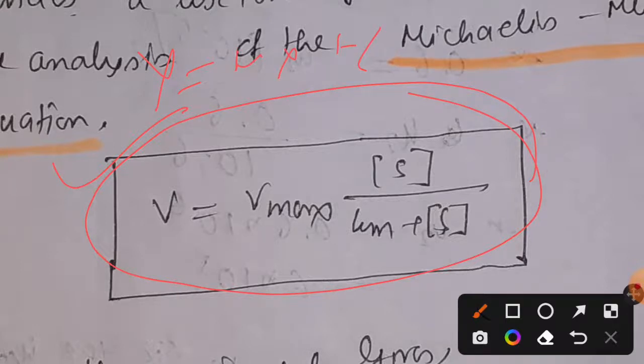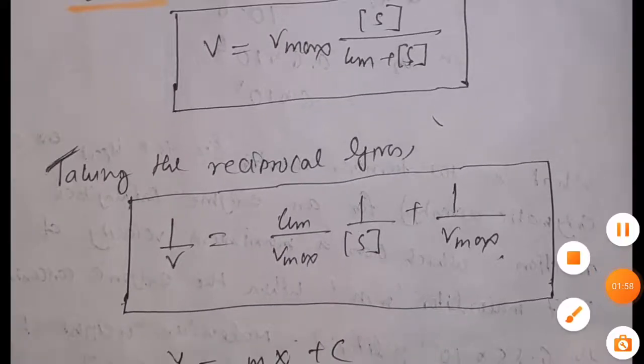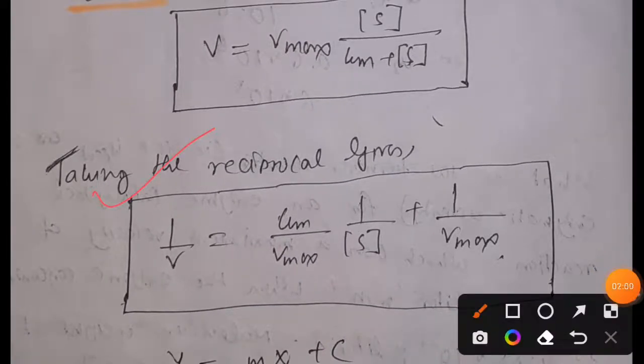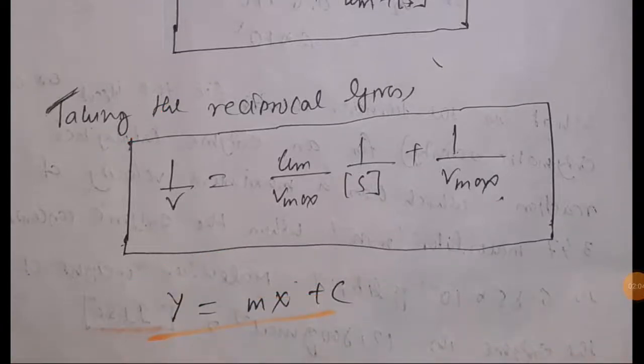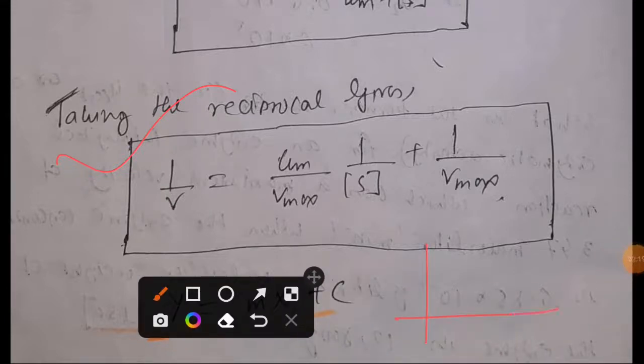But if you take the reciprocal of that equation, then you will get something that may be represented as y is equal to mx plus c. This reciprocal version of the Michaelis-Menten equation is our Lineweaver-Burk equation, and the graph or plot created with the help of this equation is called the Lineweaver-Burk plot or double reciprocal plot.